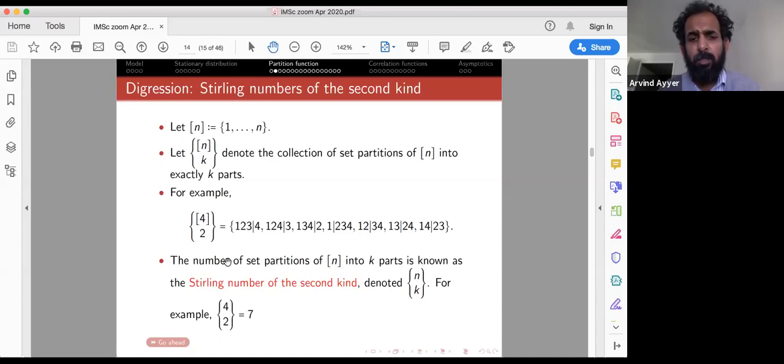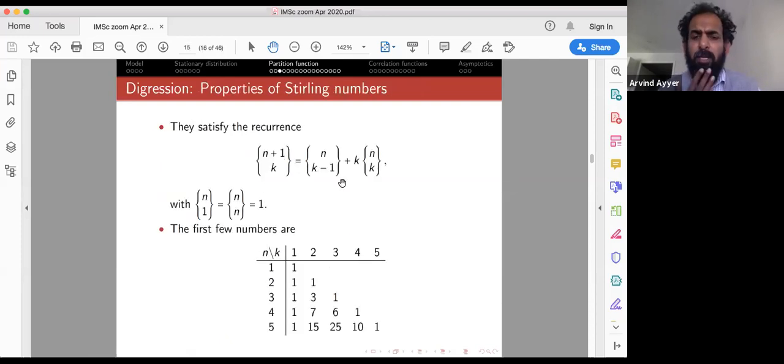You can see that there are 7 set partitions here. The number of set partitions of 1 through n into k parts is known as the Stirling number of the second kind. There are many notations for this, but the notation I like the most is like the binomial coefficient. Instead of saying n choose k, say n set k. This is from Knuth, Graham, and Patashnik. So the above example shows that 4 set 2 is 7.